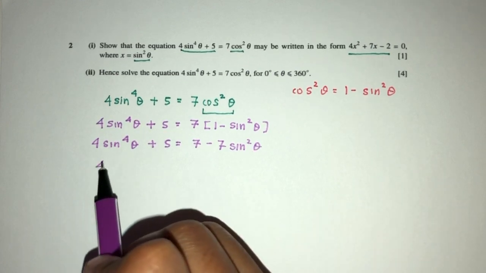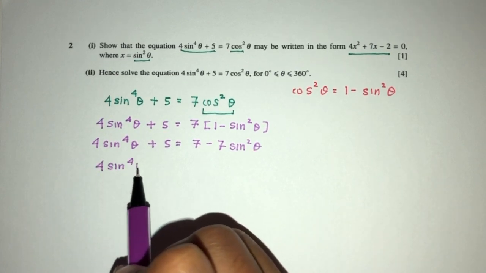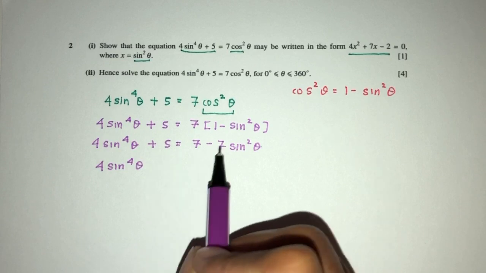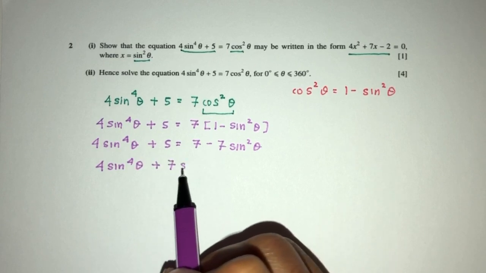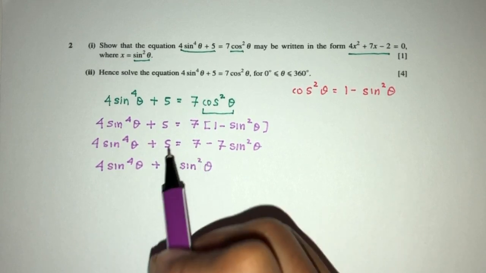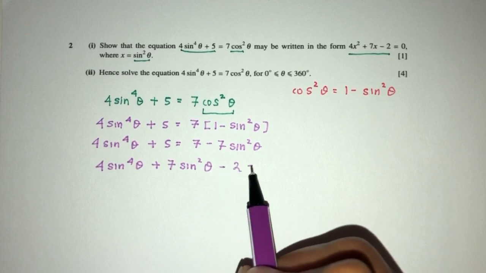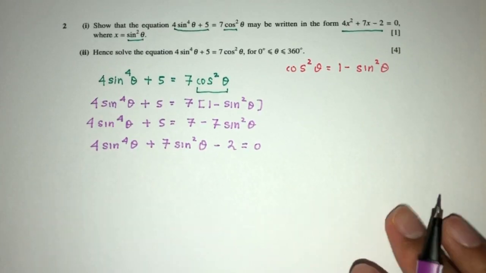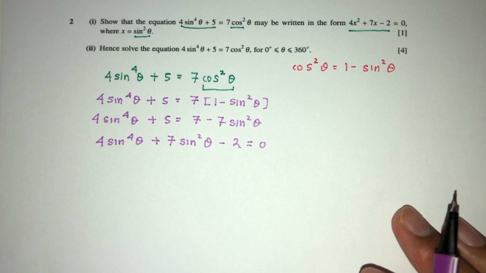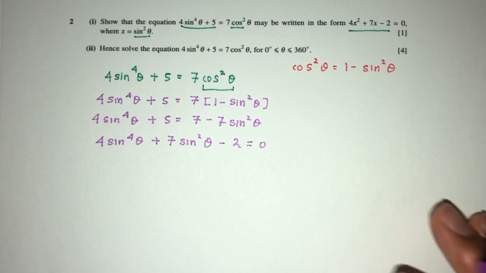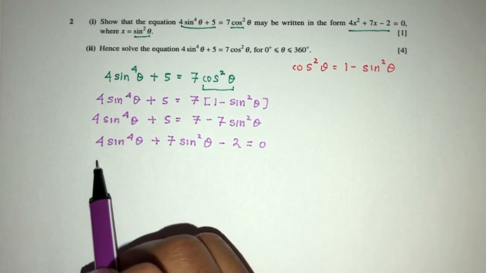Over here, you will have 4 sine power 4 theta, and then you will have plus 7 sine square theta. 5 minus 7 will be minus 2 equal to 0. Now let me rewrite this in a way so we can see clearly what's going to happen. Here I have 4.